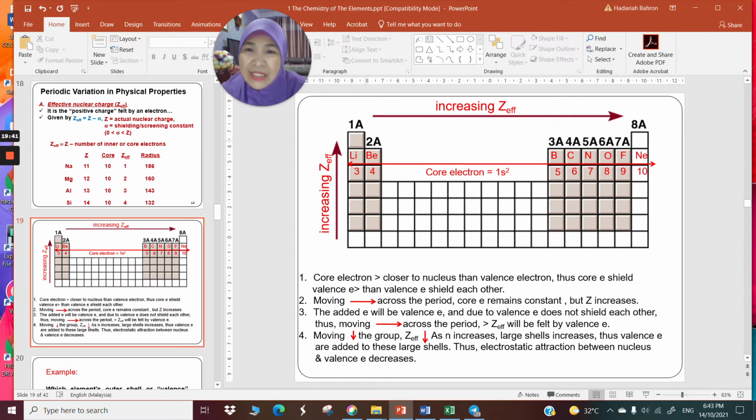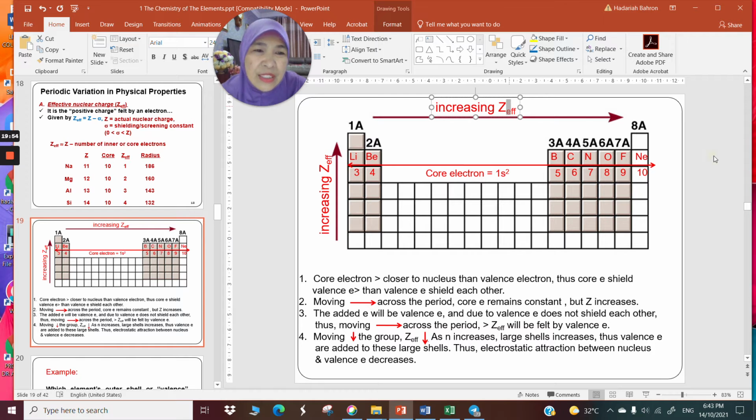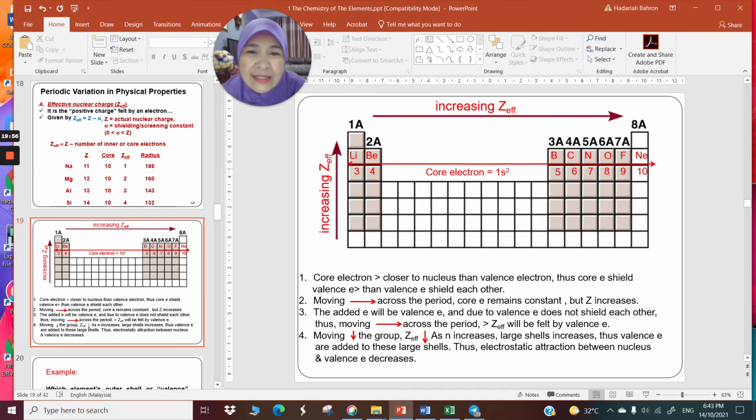So you're looking at the trend going from left to right with increasing effective nuclear charge, ZEFF. You are going to see that the size from lithium towards neon, lithium is bigger than neon.